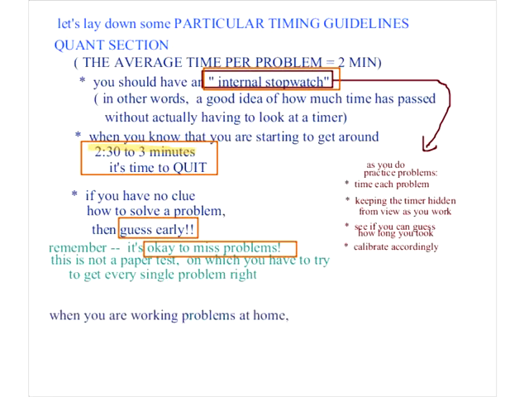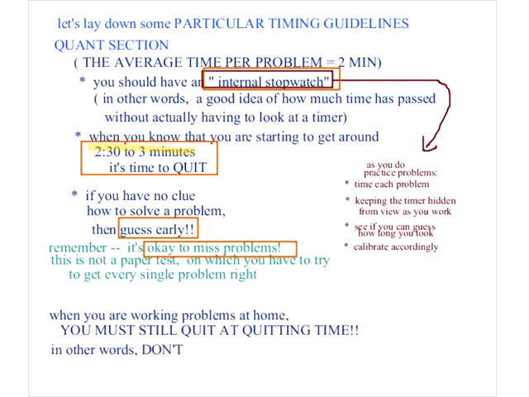When you are working problems at home, all caps on, you must still quit at quitting time. No caps on. In other words, do not just acknowledge the quitting time, but keep working.